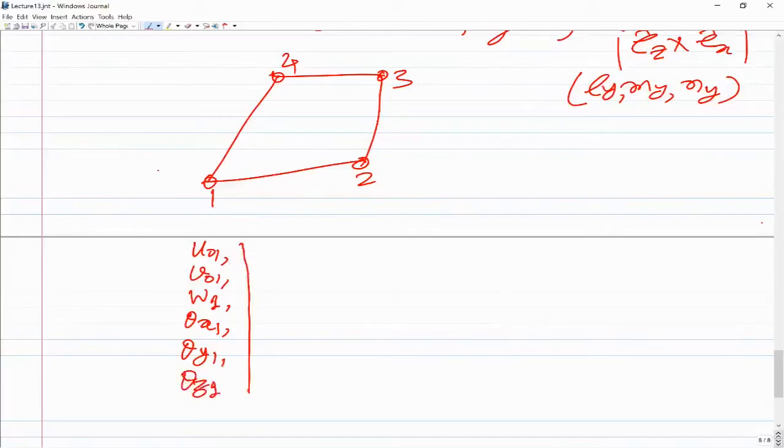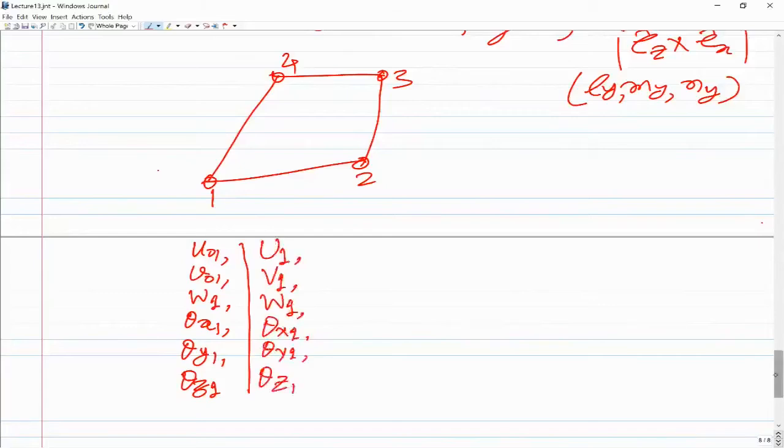Now for the same node, we can have the degrees of freedom with respect to global coordinate system. So let us say the displacements with respect to global coordinate system are capital U1, capital V1, capital W1, and then the rotations are theta X1, theta capital Y1, and theta capital Z1.